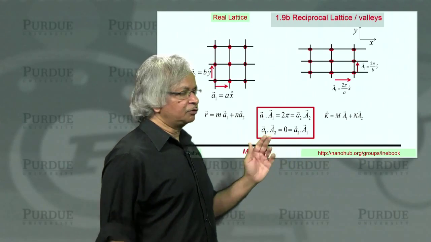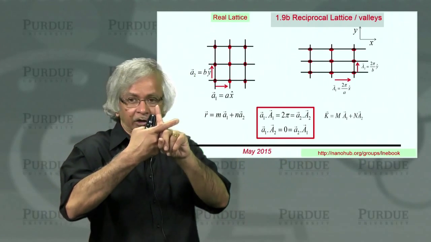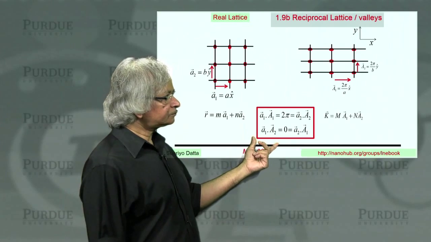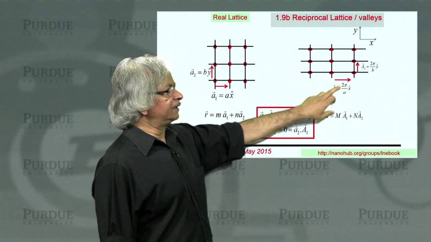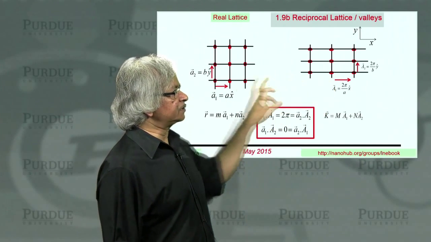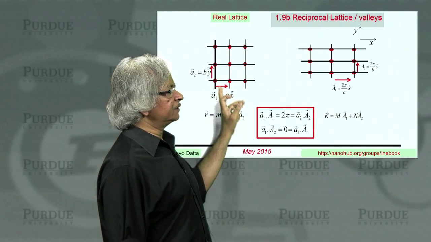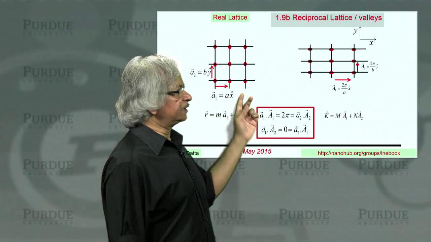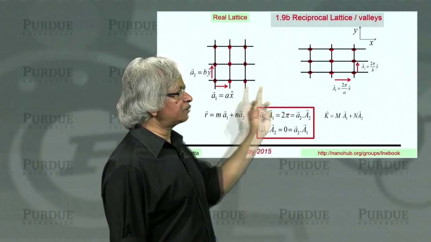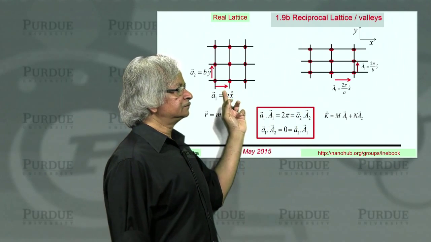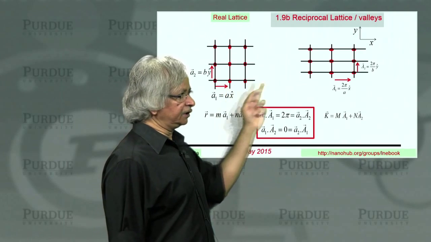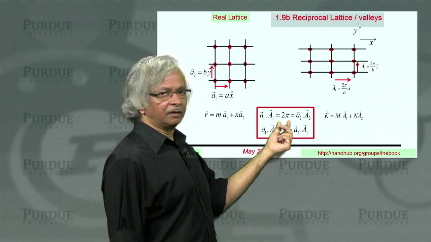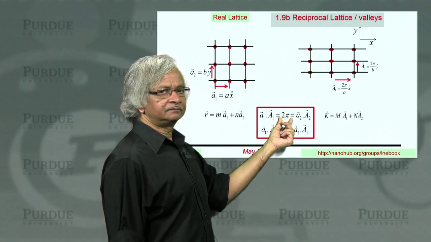Because when you know two things are perpendicular, their dot product is 0. So first, this one here is perpendicular to that, and this one here is perpendicular to that. Next, if I take the dot product of the ones that are not perpendicular, I'll get a non-zero number, and that should be 2 pi.